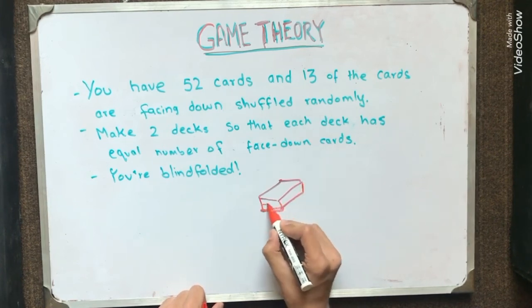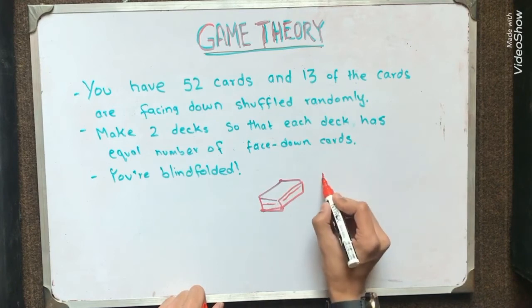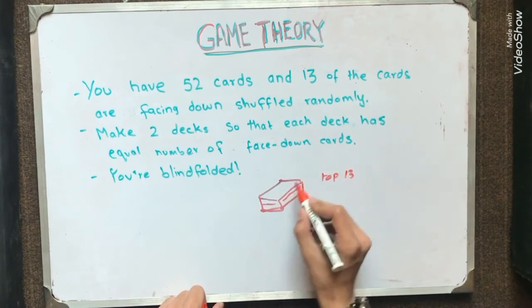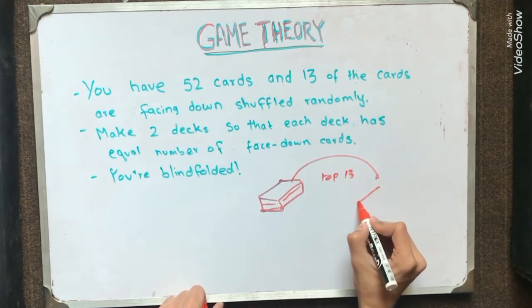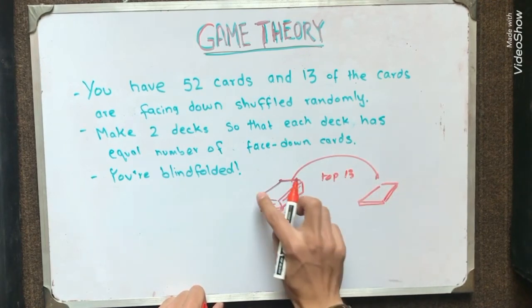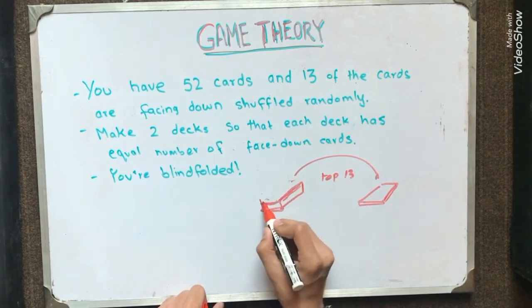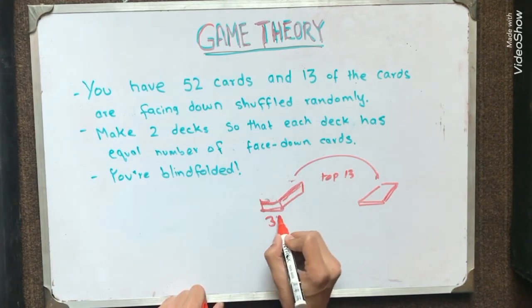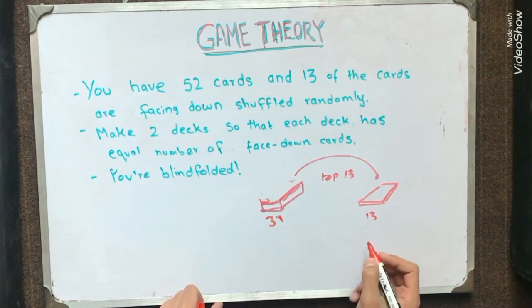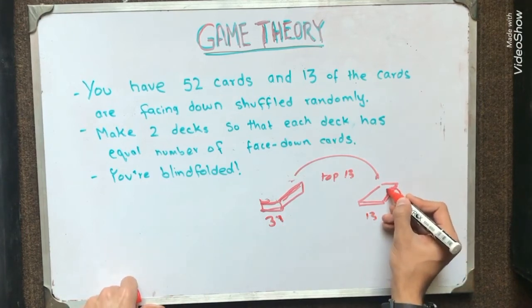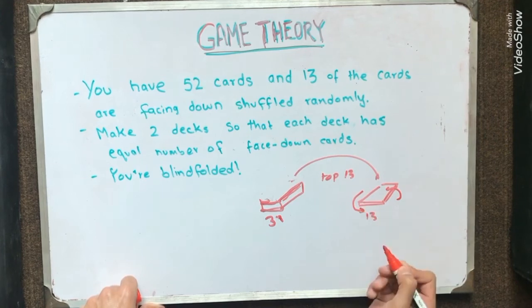You need to take the top 13 cards and put them on this side, and you can call that deck 2. So now you don't have 52 cards here, you have 2 decks, 39 cards and 13 cards. What you need to do is flip these 13 cards like this.